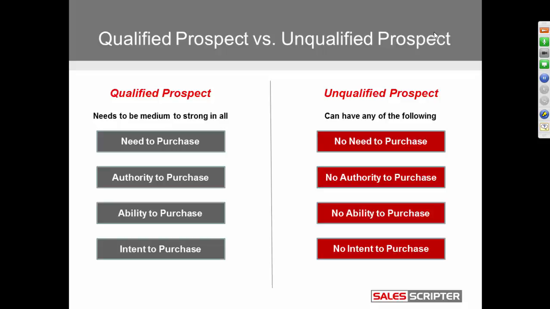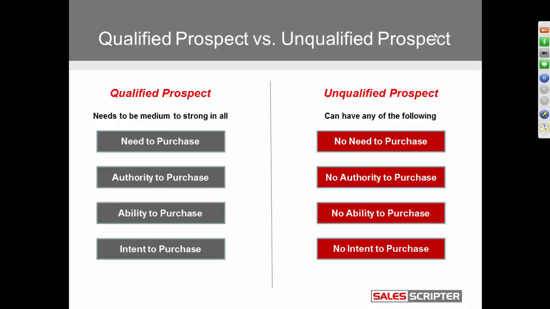Now, remember, I just gave you the example of the RFP. If a company does an RFP, they have a genuine intent to purchase. But let's say they've been working with another vendor for 6 months, and that other vendor actually helped them to put the RFP together, and then they send you the RFP and don't even want to talk to you about it. Then they have the intent to purchase, but not the intent to purchase from you.